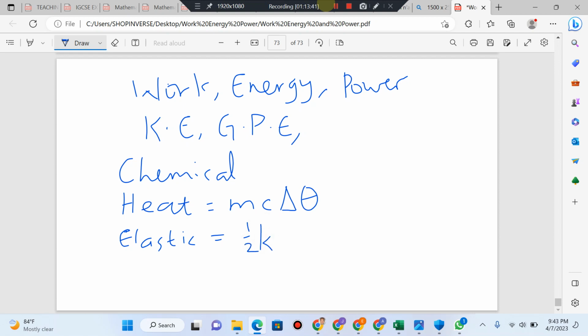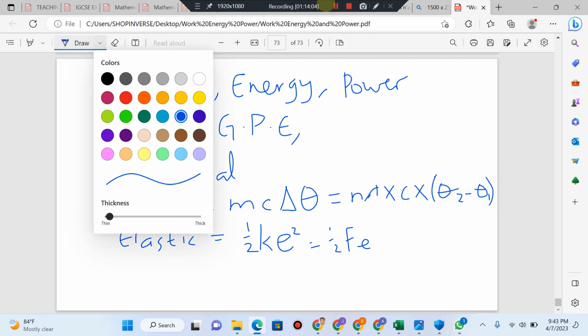Elastic potential energy you solve when you are solving questions on Hooke's law, when you're given the formula half K squared or half FE. Your heat energy is mass multiplied by your specific heat capacity, then multiplied by change in temperature, or theta 2 minus theta 1.